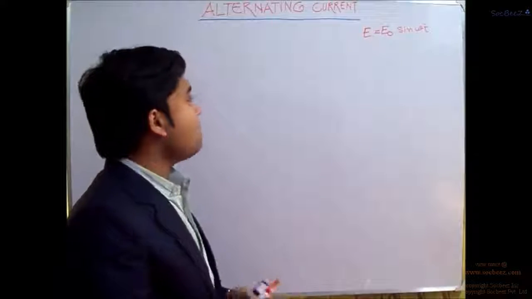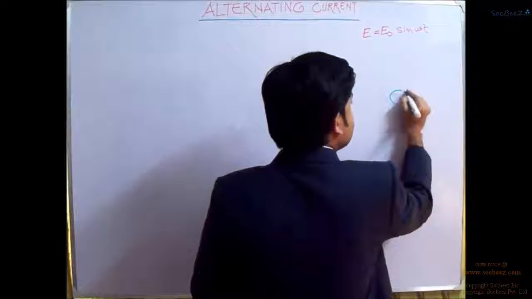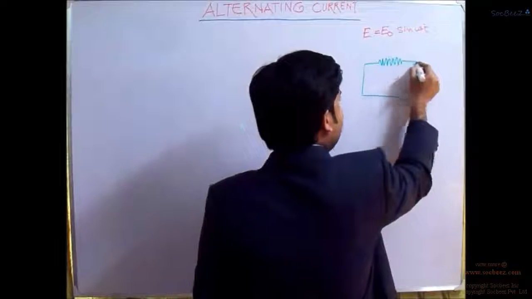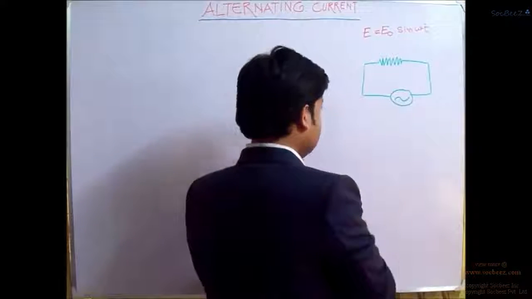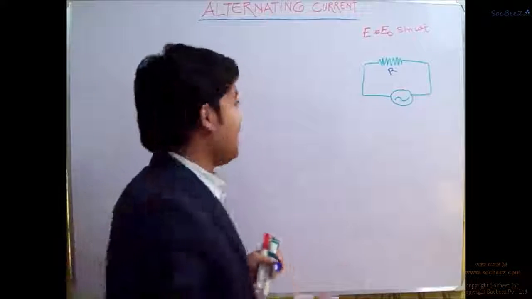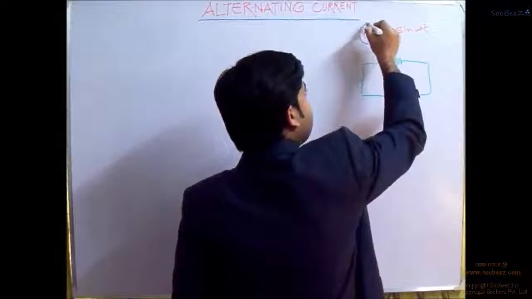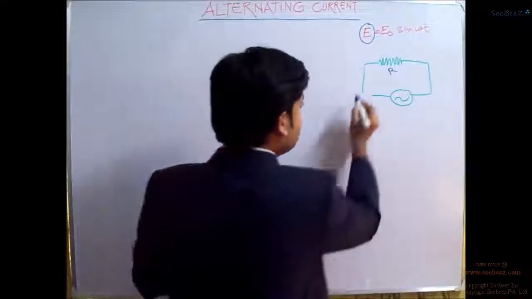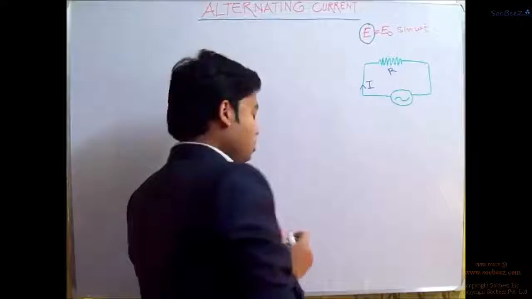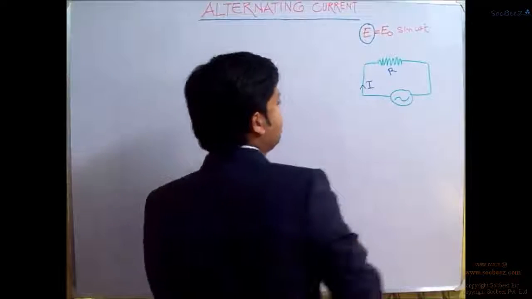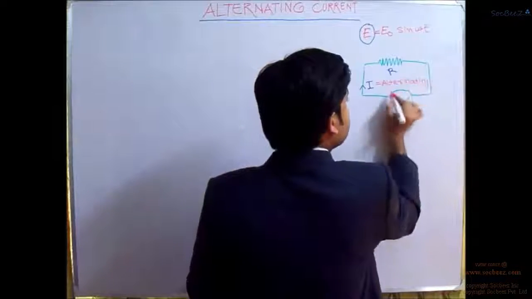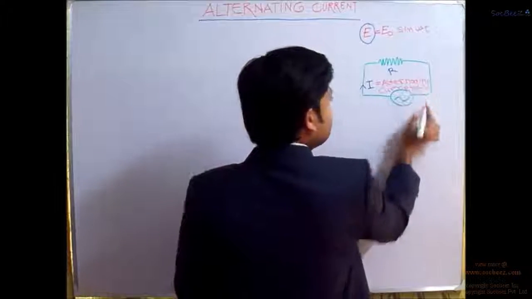Now for example, if we draw a circuit as such, this will be the AC supply, and over here there is a resistance of, say, R. At a particular instant we know the alternating EMF is E. So the current over here is known as the alternating current, right?